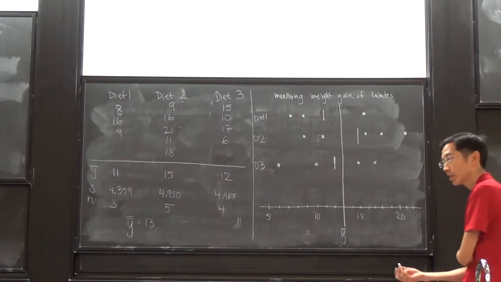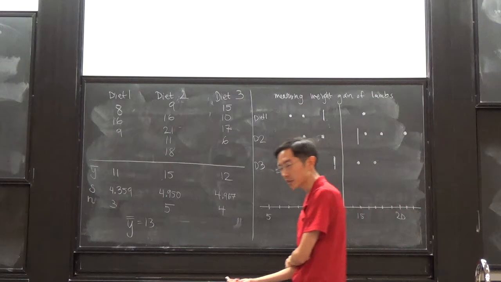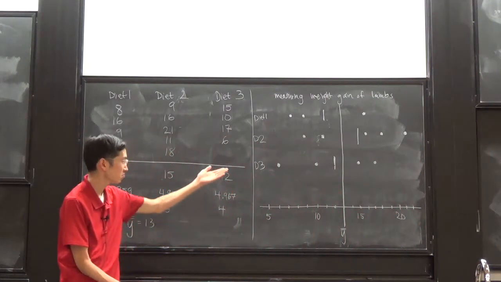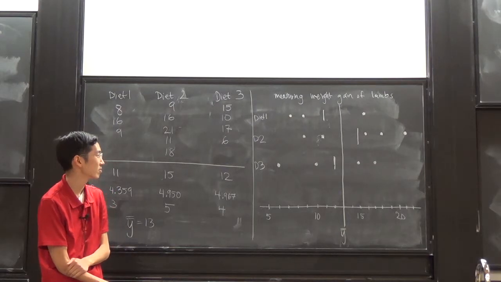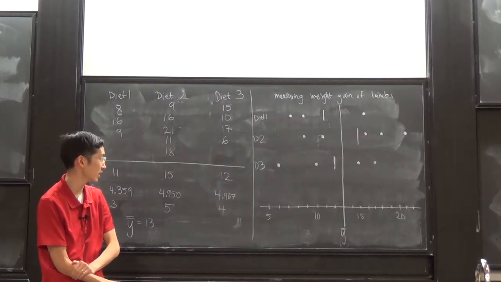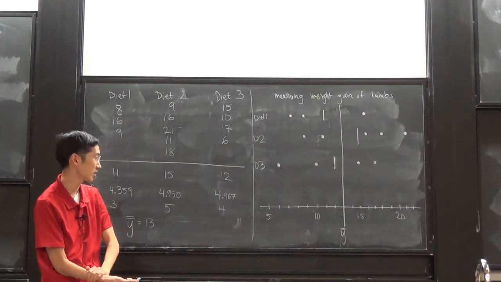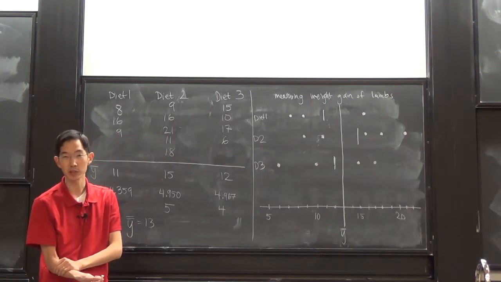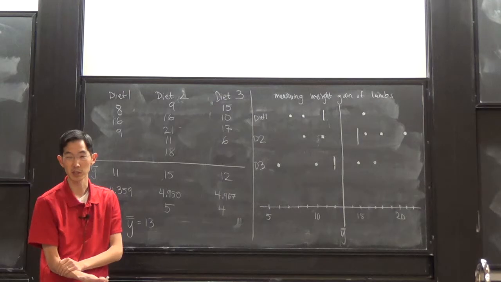So does the data tell us that we have evidence that the diets make a difference? That's what we're asking. Or do we not have enough evidence to say that, and we just have to conclude that these differences could be a result of random chance alone?